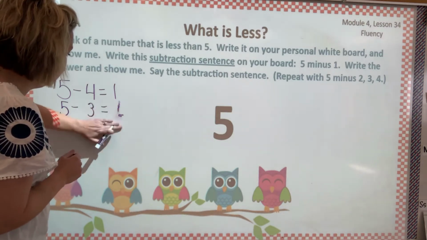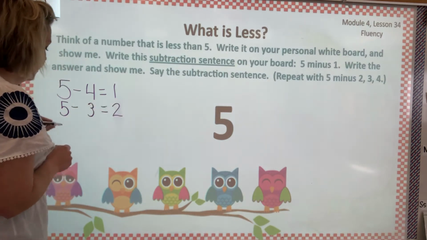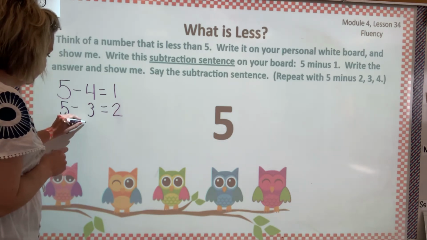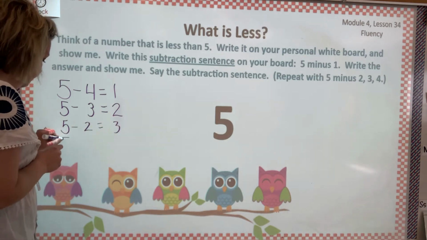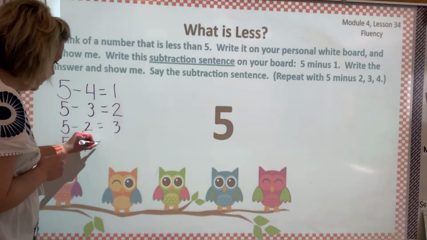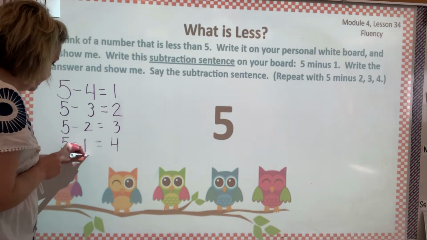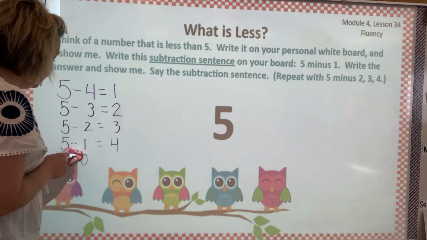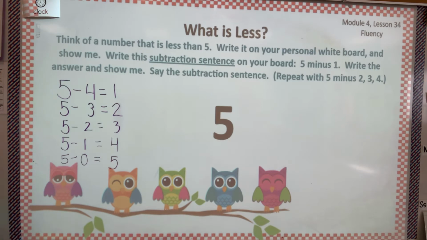It's not a very good looking 2. 5 minus 2 equals 3. 5 minus 1 equals 4. And 5 minus 0 equals 5. Those are all possible answers.